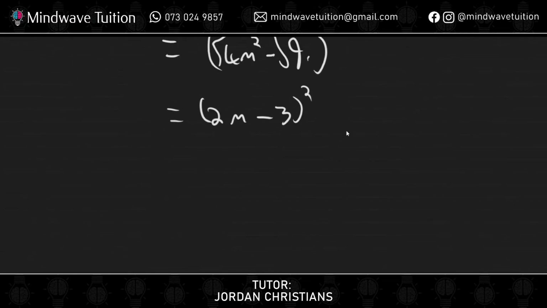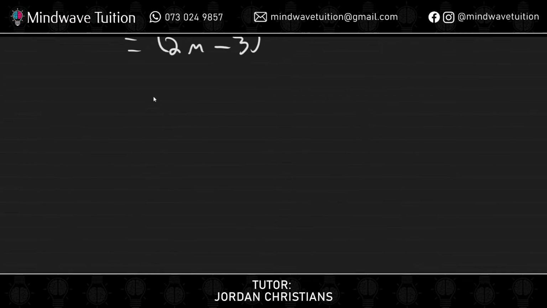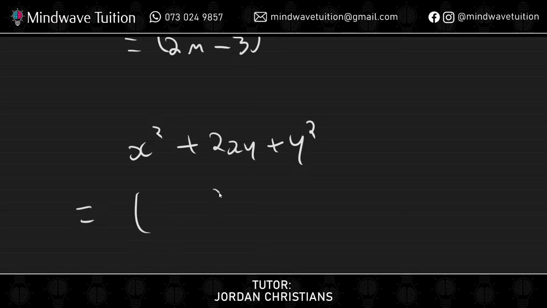So there's one more thing with trinomials, and that is trinomials with 2 variables. I'll first do a simple example of x squared plus 2xy plus y squared. If we have a trinomial where the first and last term both contain a variable squared, this means that most likely, or definitely, in each of the brackets the first term will contain that first variable, and the last term will contain that last variable.